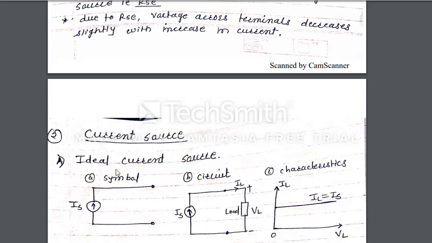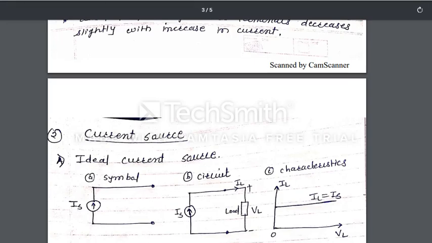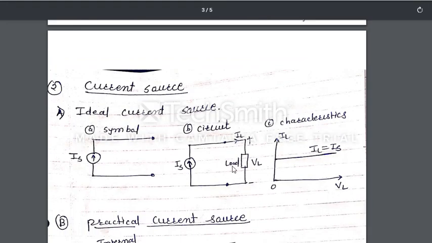Okay, next is the current source. Here you can see ideal current source. This is symbol, circuit and characteristics. Okay, so ideal current source is what? It is the source which gives constant current at its terminal irrespective of the voltage appearing across its terminal. Okay, so these are the characteristics.